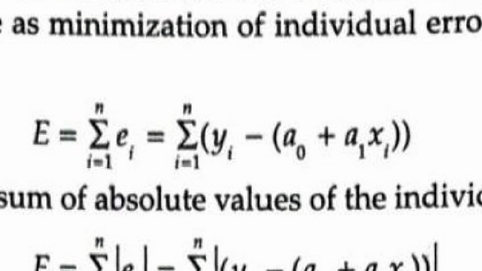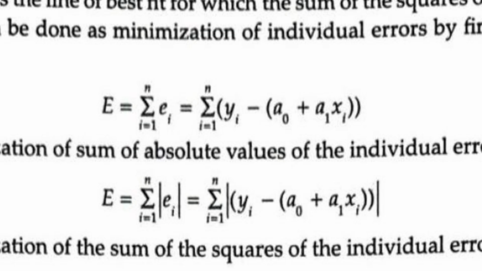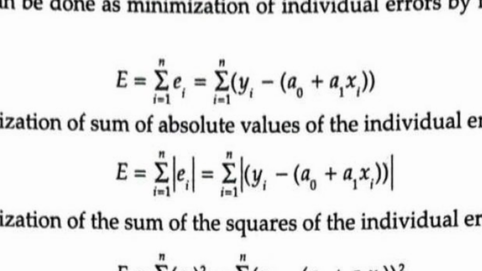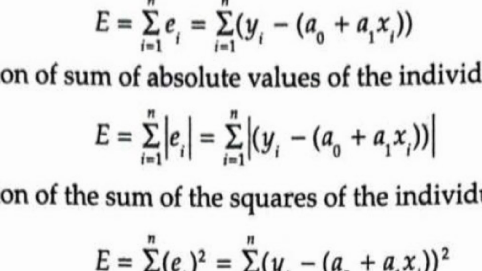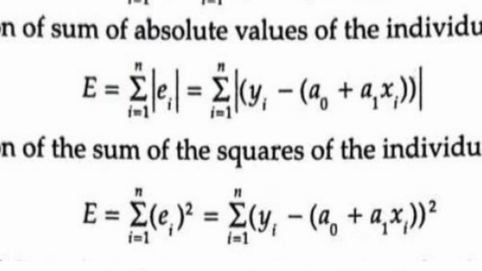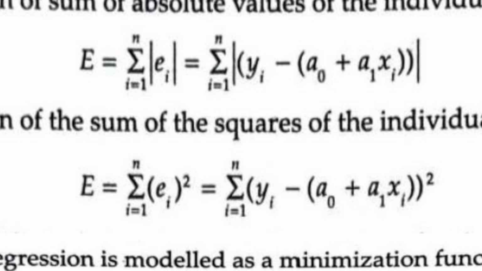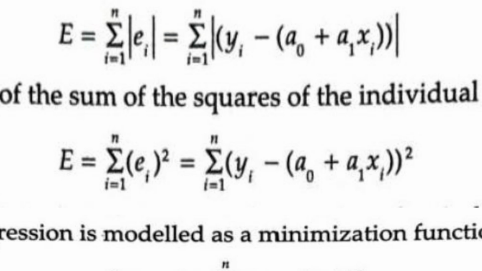The sum of all these errors we have to minimize. These errors may be positive or negative, so we take the absolute value, that is E equal to sigma i equal to 1 to n of |ei|, the sum of the absolute values of these errors. Or, to remove the sign, we square it, that is E equal to sigma i equal to 1 to n of ei whole square.